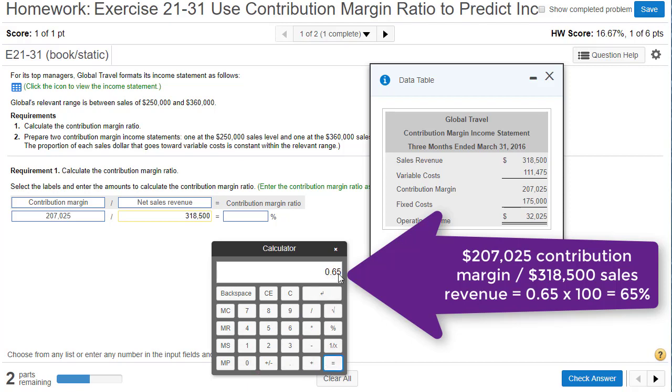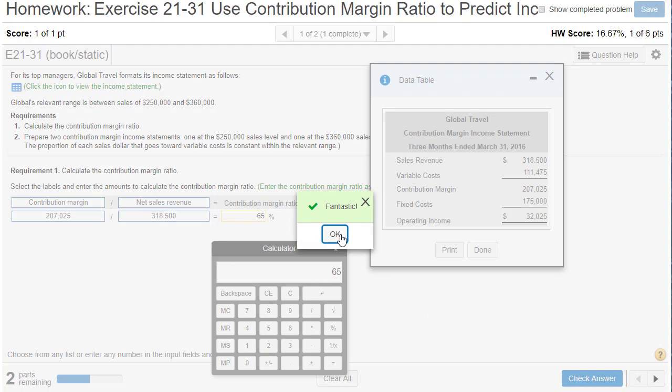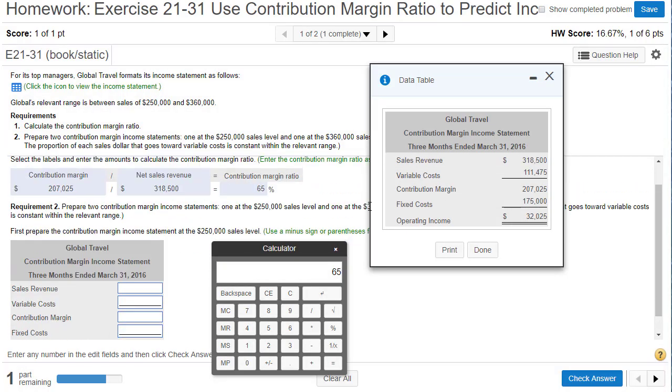Because they have the percentage sign, we know we need to convert it to a percentage, so I just multiplied by 100, and that gives us 65%. What that means is that for every dollar of sales revenue, we get 65 cents of contribution margin.